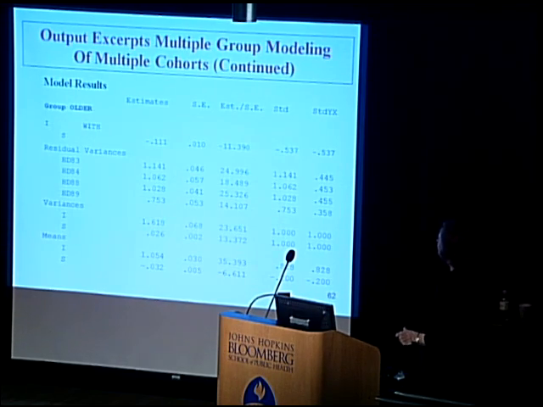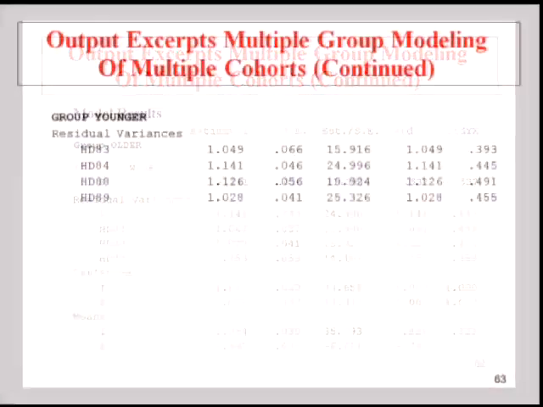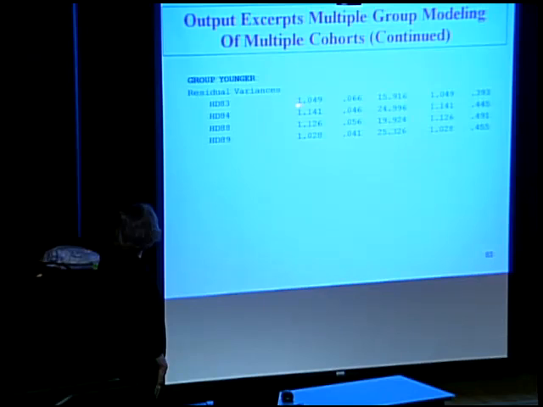Okay, so here we have group older. And let me put group younger over here. And group younger. Now, we can see the equality constraint.